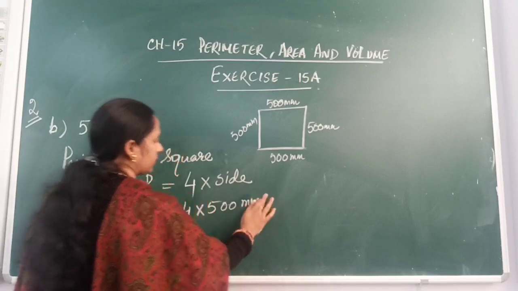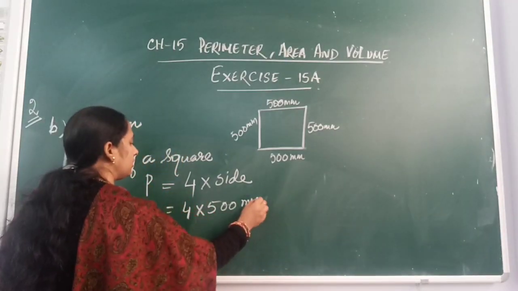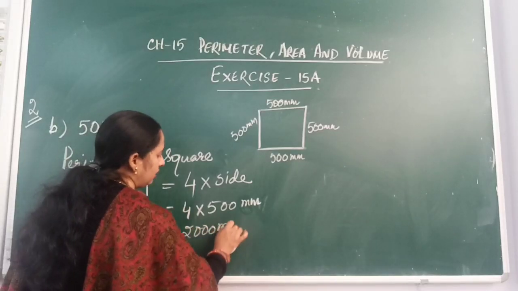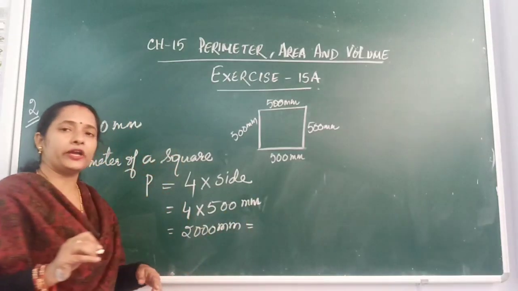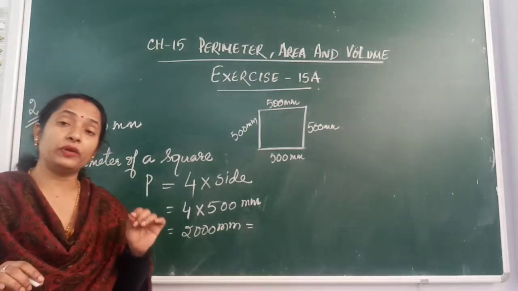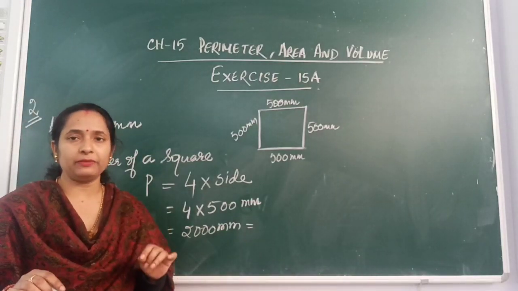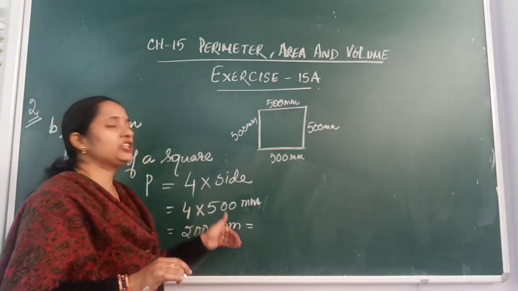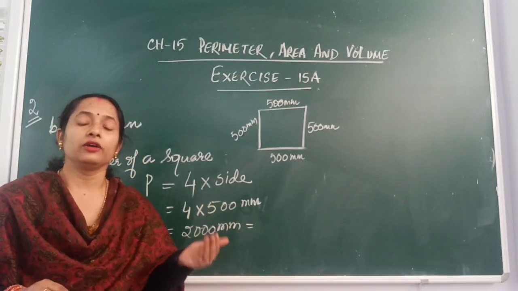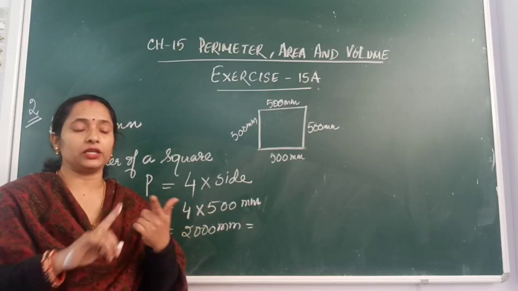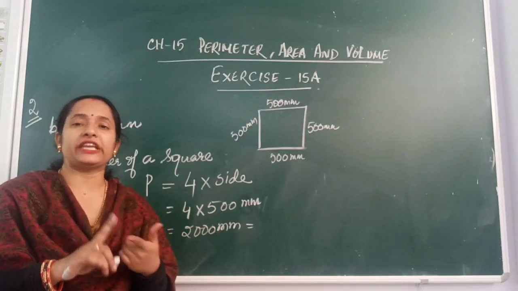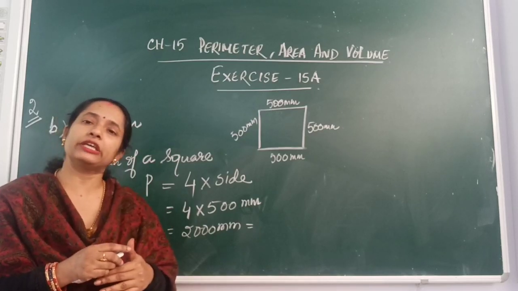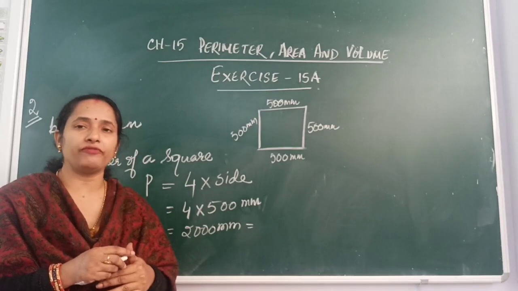Isn't it? Now 4 times 500 millimeters is equal to 2000 millimeters. But what is our requirement? In our question it is asked that we need to write the perimeter in terms of centimeters only. So we need to convert millimeter to centimeter. So again we will use the conversion method. Milli to centi, you are converting a smaller unit to a greater unit. Then what you have to do? You have to divide.